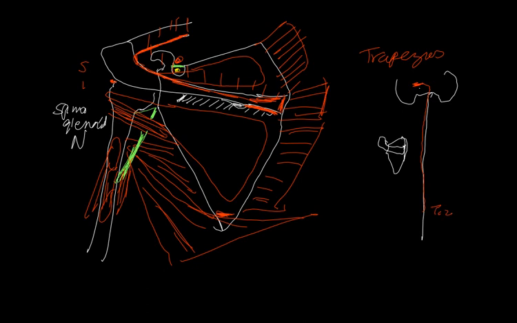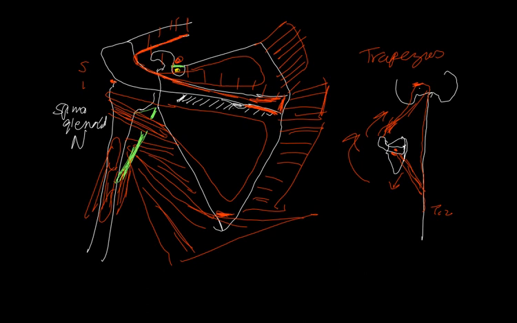The lower part is inserted onto the spine of scapula like this, inferior border of the spine medial to the deltoid tubercle. This would lower the medial end, whereas the upper part is attached like this to the medial part of the acromion and the clavicle, so this would elevate it like this. So the scapula rotates around the axis passing through the deltoid tuberosity. The scapula would rotate like this. So this is the trapezius, which is attached like this.